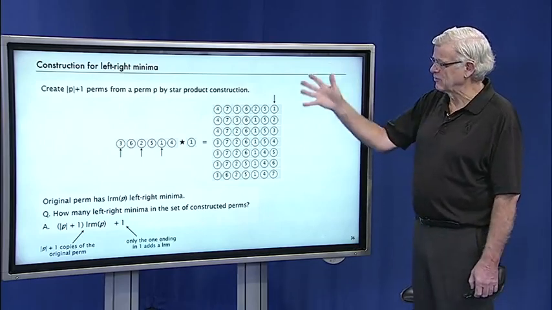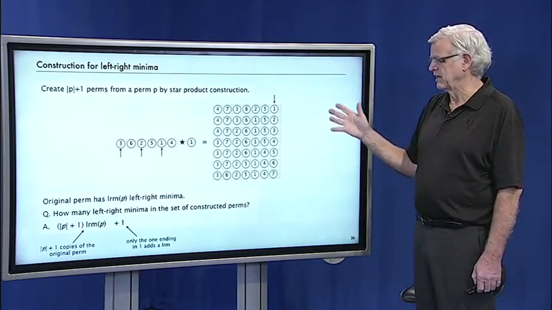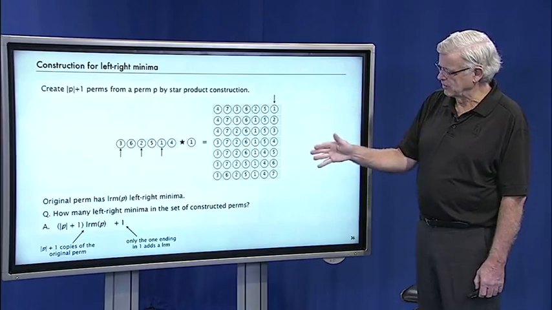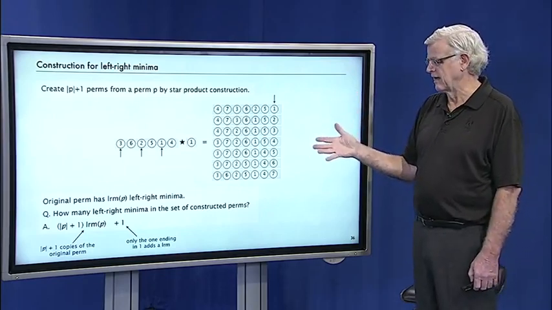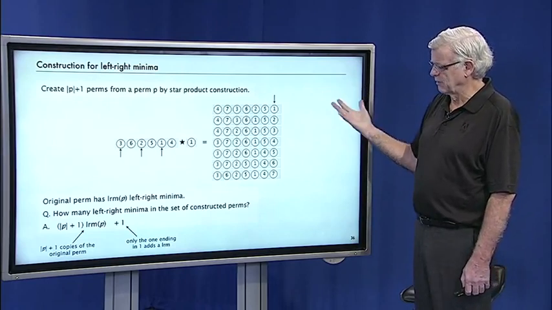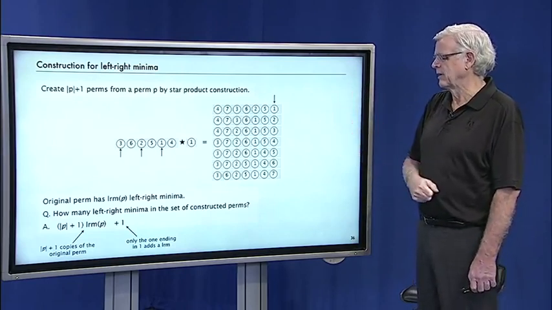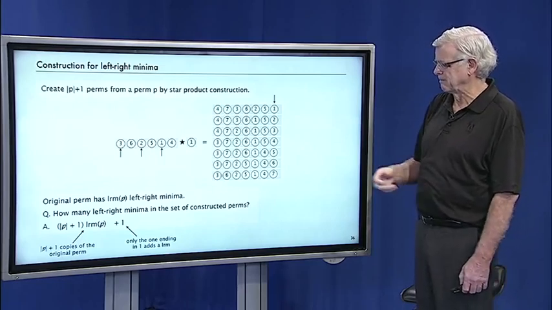So that's a combinatorial construction for permutations, and then we're going to use that to derive a formula that the accumulated generating function has to satisfy.